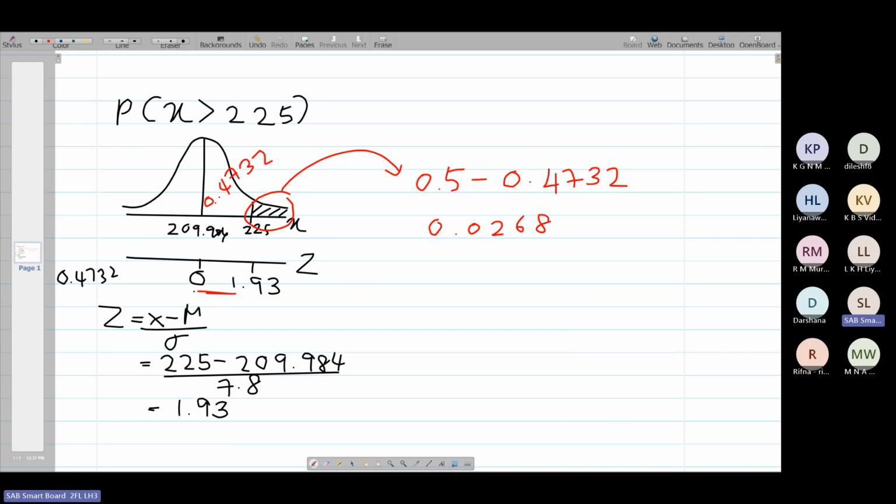Then the question asks not for the probability but the percentage value. How do we convert this probability value to a percentage value? Multiply by 100. So 0.0268 times 100, percentage wise 2.68 is the answer.